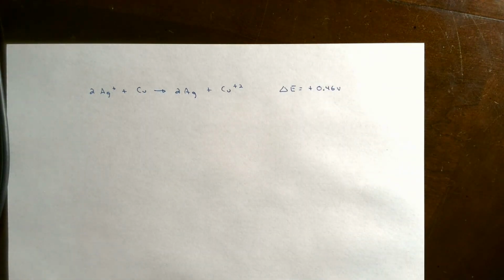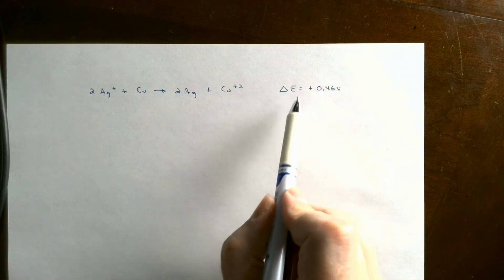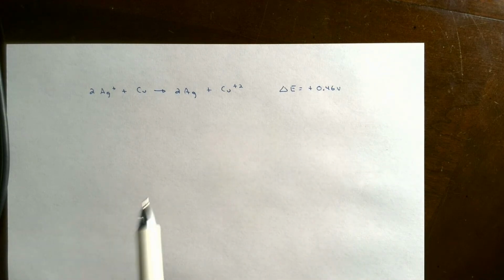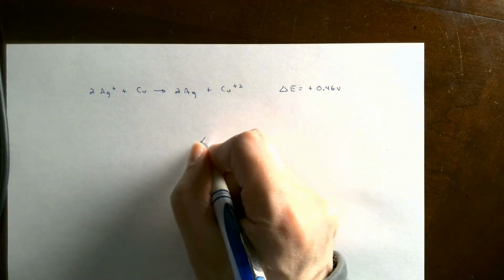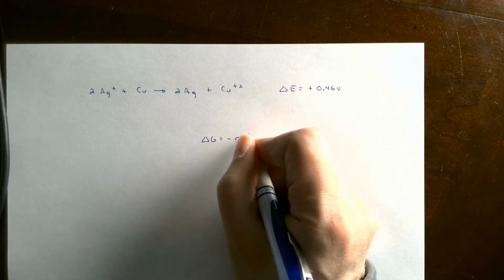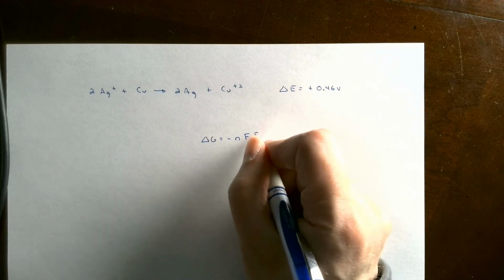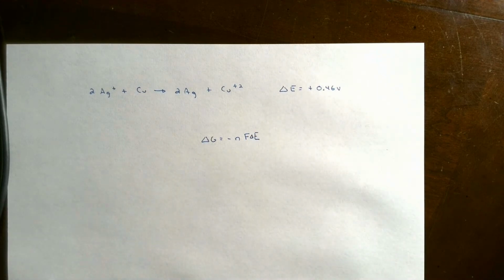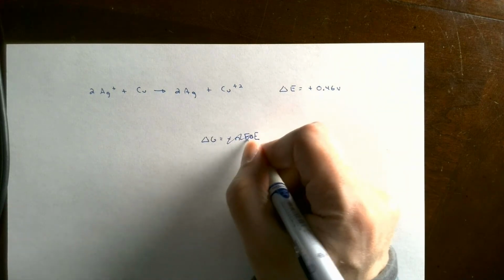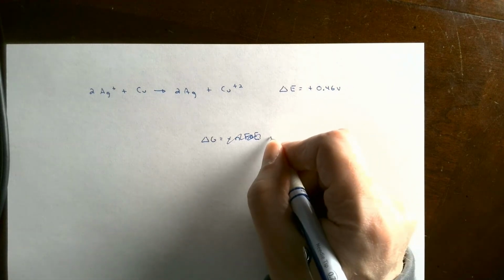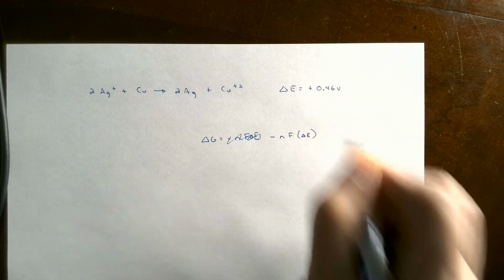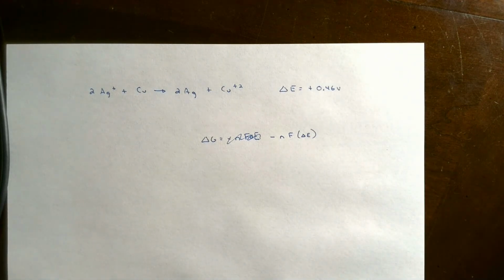And now I'm going to tell you that this change in potential energy between those two half reactions is related to free energy. The free energy change is equal to minus N times F times delta E. Sorry, I wrote that terribly, so I'm going to rewrite it. I'm going to cross it out because I'm unhappy with how I wrote it. Minus N times F times delta E. I'm going to put it in parentheses so you can see it very clearly.